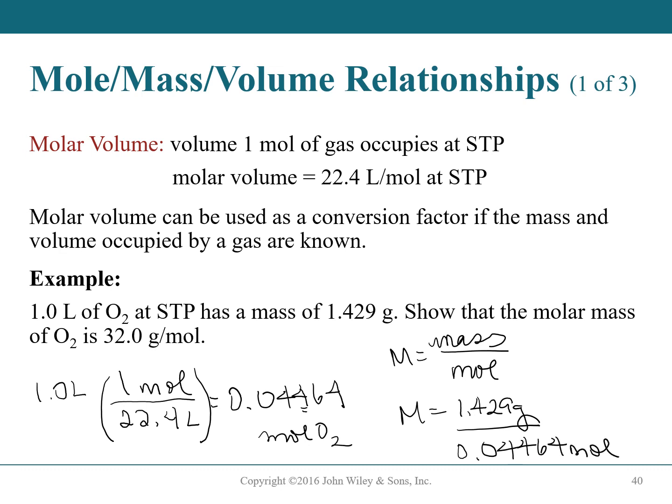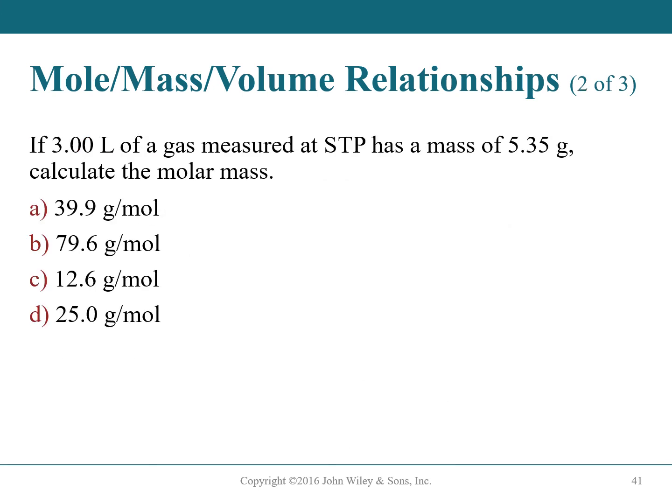And what we get is 1.429 divided by 0.04464, we get 32, and this is going to be 2 significant figures. We get 32 grams per mole. And isn't that what we were saying? This is how we show that the molar mass of oxygen is 32 grams per mole. Okay, so let's take a look at this example.